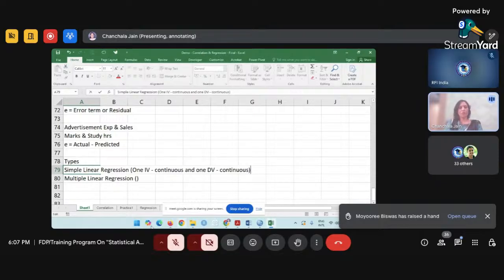In case of multiple linear regression, we will have one continuous DV and more than one IV, continuous or categorical or maybe both.